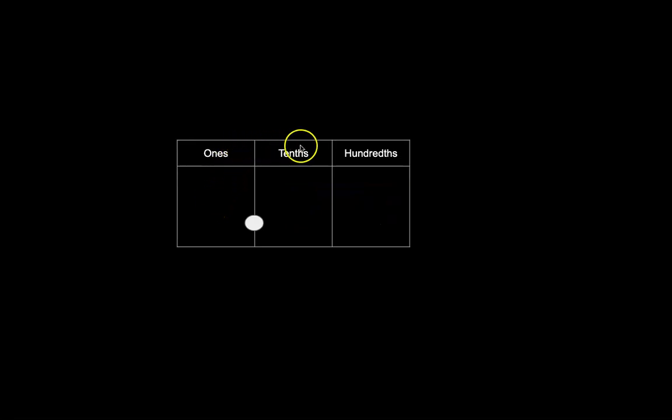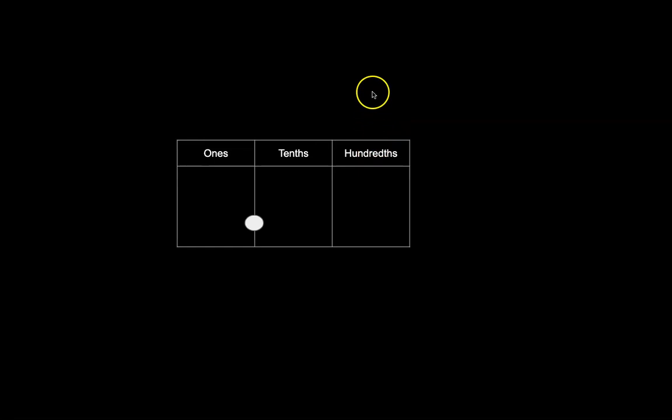Now, this column just on this side of the decimal point is called the tenths column. And the THS on the end is very, very important. If you've done any fractions work with me, you will know the pizza story. I have a pizza and I cut it up into 10 equal pieces. Each one of those pieces is called a tenth. This is where they go.